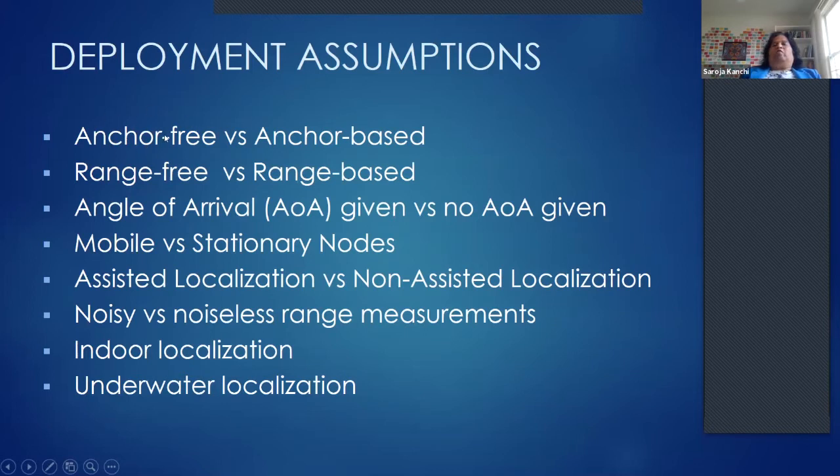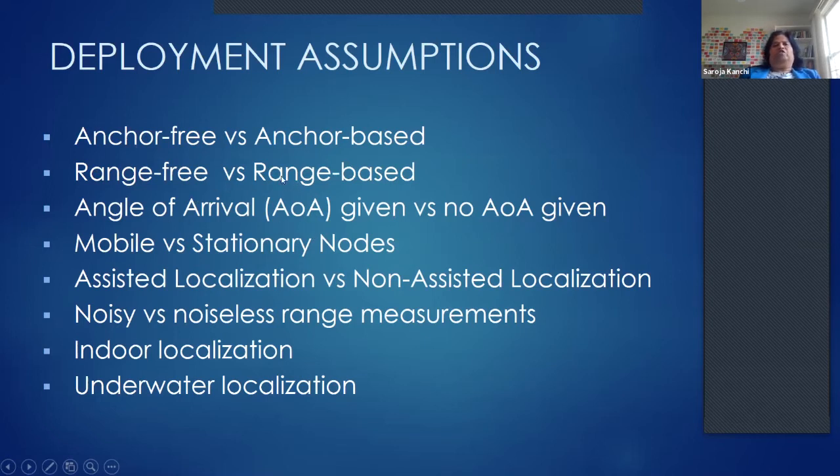So we talk about the number of hops because we really don't have the distance information. Range free basically means that there's no distance information at all between any two nodes. Range based is when we have distance information available. Sometimes we have the angle of arrival of a signal between two nodes available.